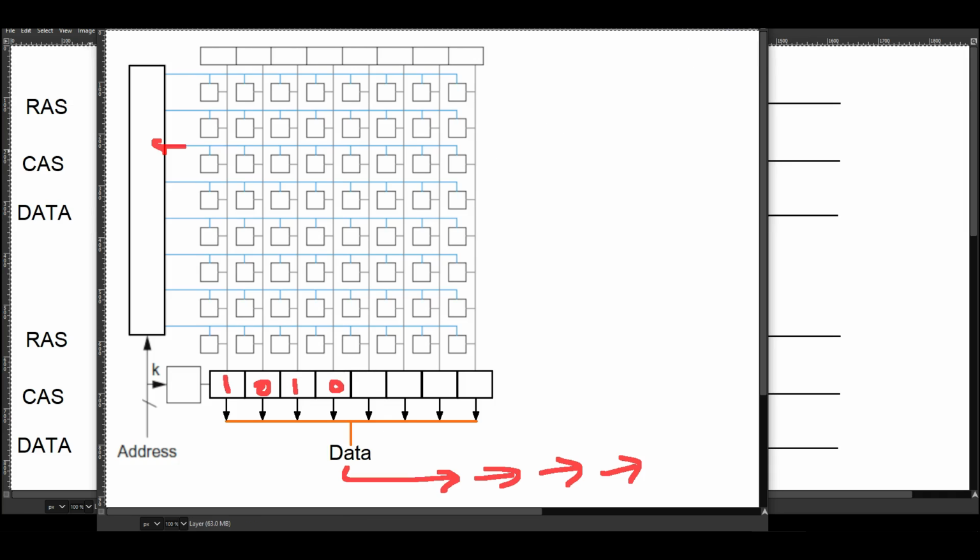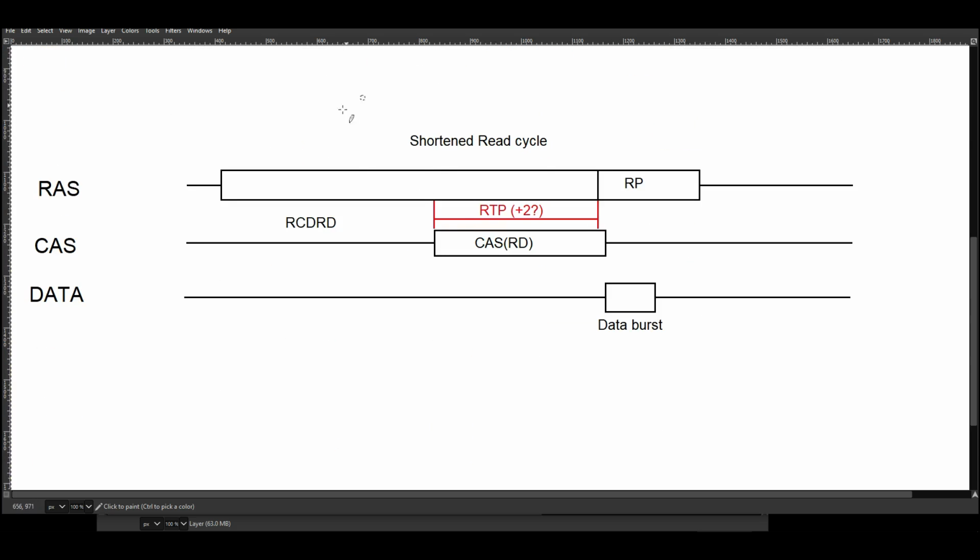So I can actually have a shortened read cycle, and in the case of the shortened read cycle, we account for the time it takes for the data to leave the sense amplifiers and get out safely to some other latch, with the read to pre-charge timing. That's the timing between when we start the column select, the same time as the CAS delay starts, and when that ends, we can start the pre-charge.